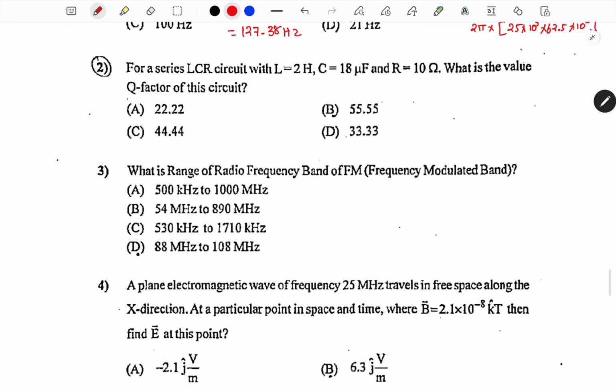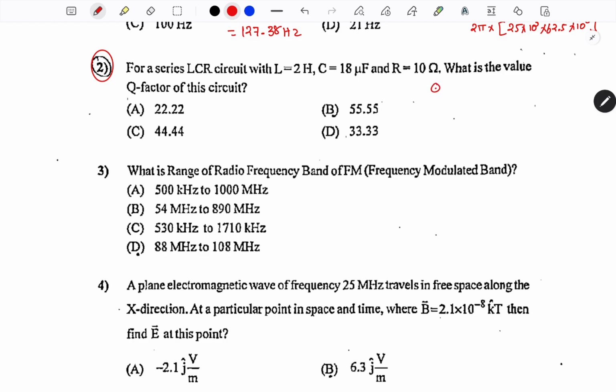Next question. For a series LCR circuit with L equal to 2 henry, C equal to 18 microfarad and R equal to 10 ohm, what is the value of the Q factor of the circuit? See, this question is in the omitted syllabus because Q factor is not in our syllabus now.